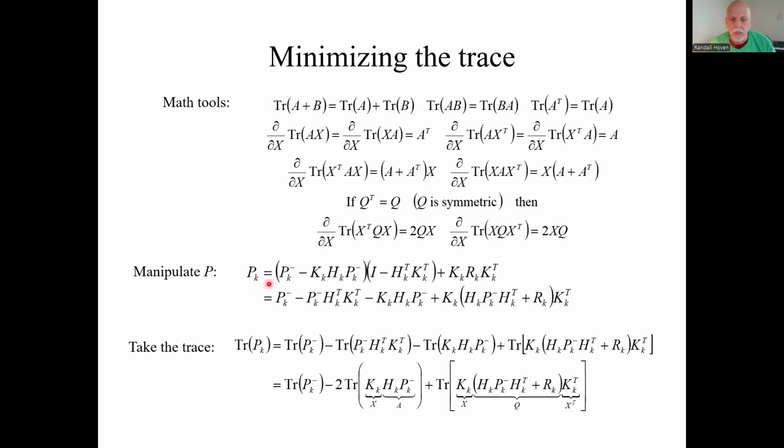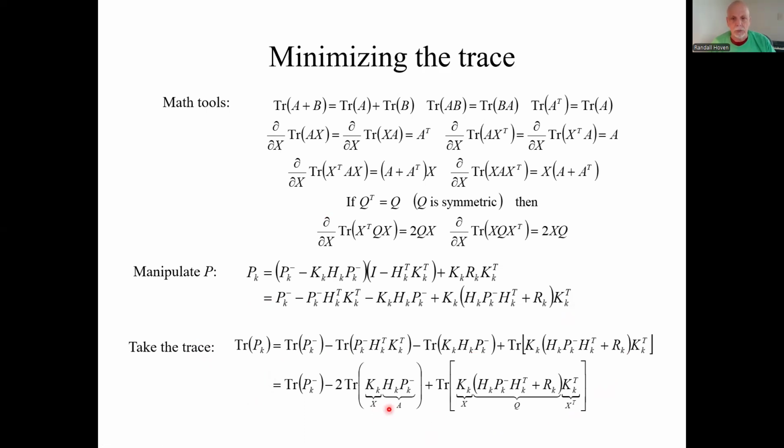Here's the P that we're trying to minimize the trace of. Here's where we were left off from previous videos and previous charts. If you multiply this out so you get it kind of term by term, you get this thing. Then we're going to take the trace of this mess and simplify some of that, and we get this down here.